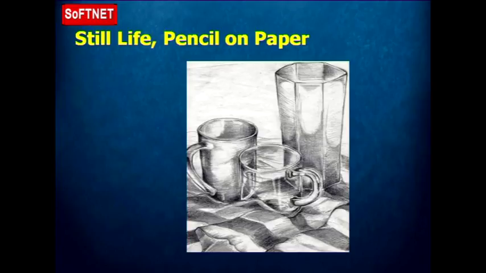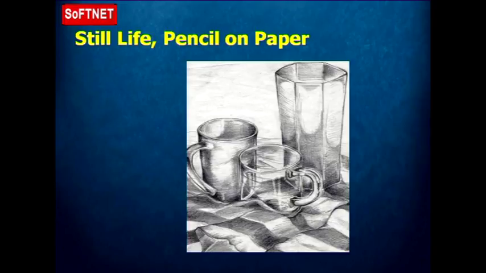This is another still life which is done in pencil. So, the other two mediums we have seen, this is the last medium that we are seeing now, which is pencil on paper, and you look at three objects, three different materials: one is steel, one looks like a plastic, the tall tumbler, and one is the transparent glass cup.